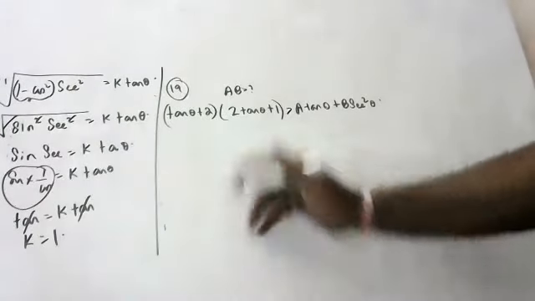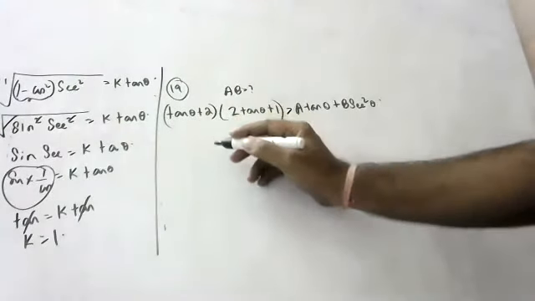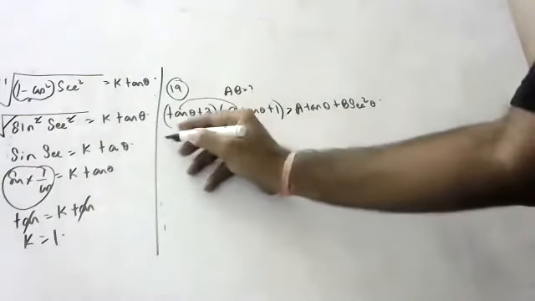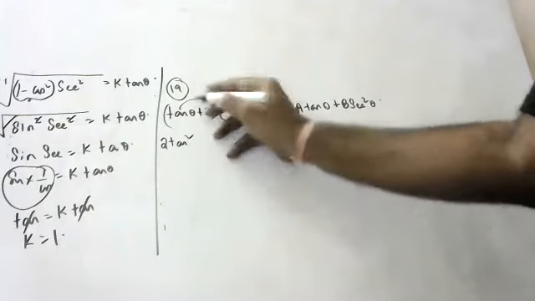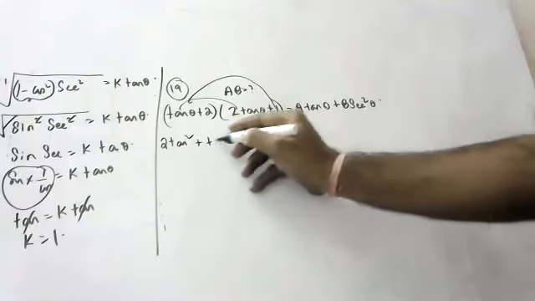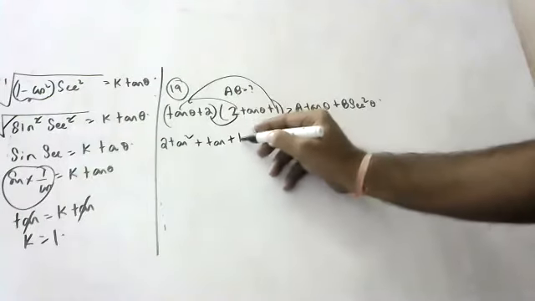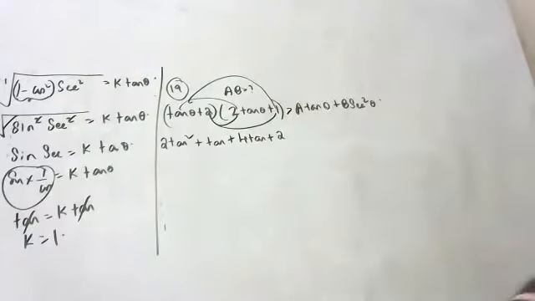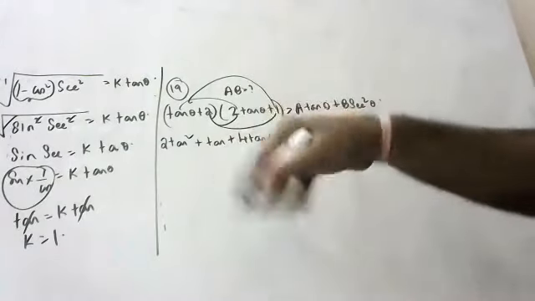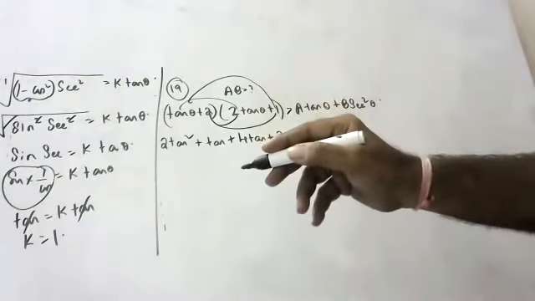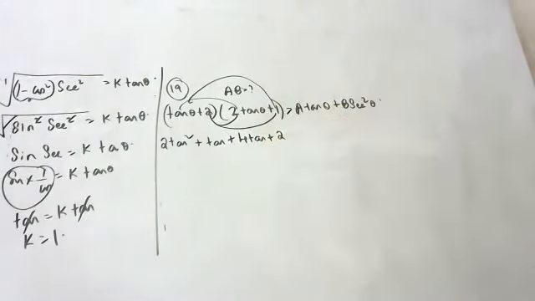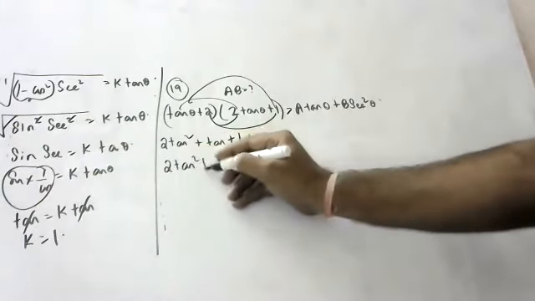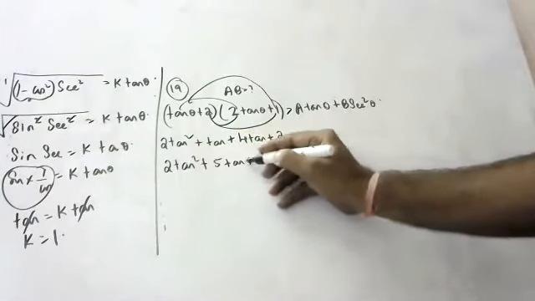Mute your audios, children, all of you. So tan into tan is how much, children? 2 tan square. Tan into 1, tan. 2 into 2, 4 tan. 2 ones are 2. So 2 tan square plus 5 tan plus 2.